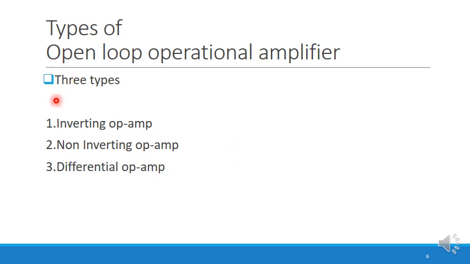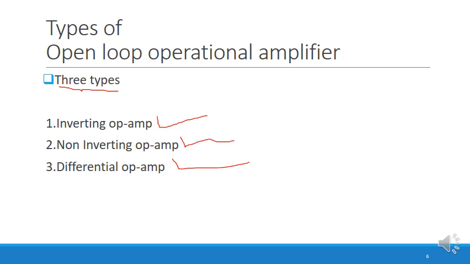Let us revise how many types of open loop operational amplifiers there are. There are three types: one is the inverting, second is the non-inverting, and third is the differential operational amplifier.